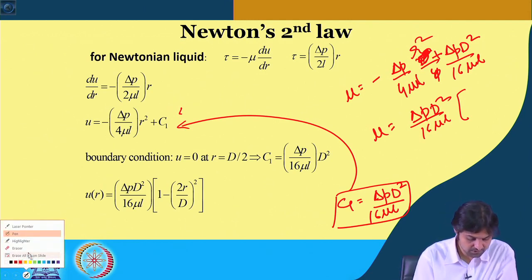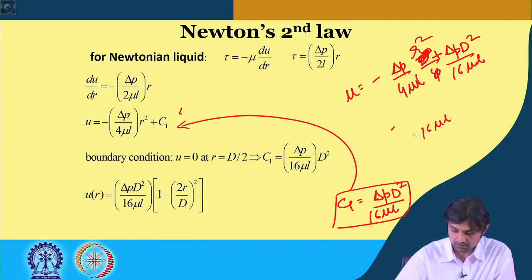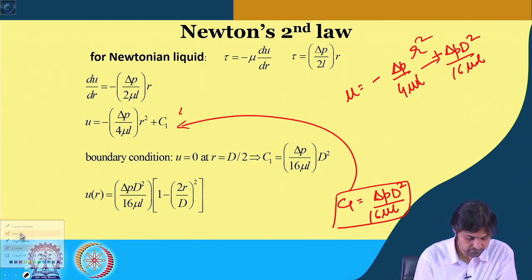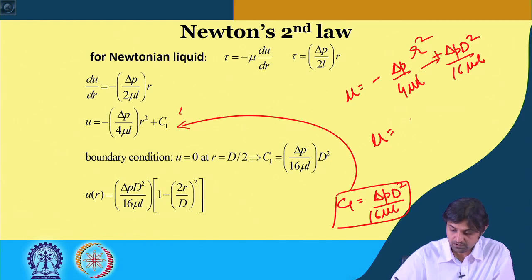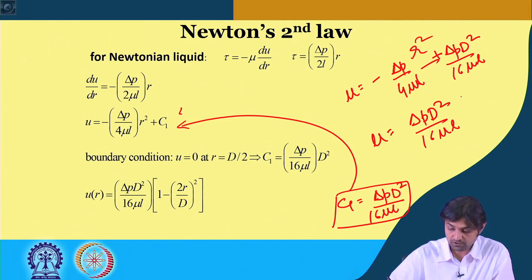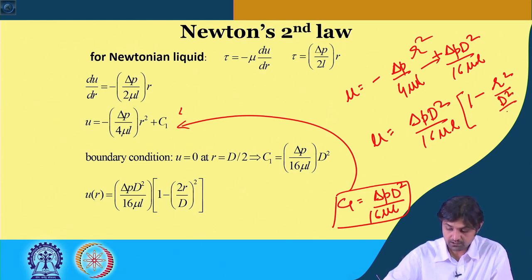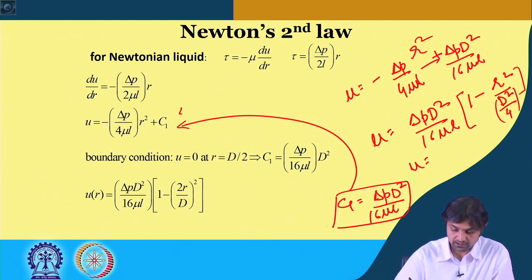So let's take delta p d square by 16 mu l as constant, and then we are left with 1 minus r square divided by d square by 4.